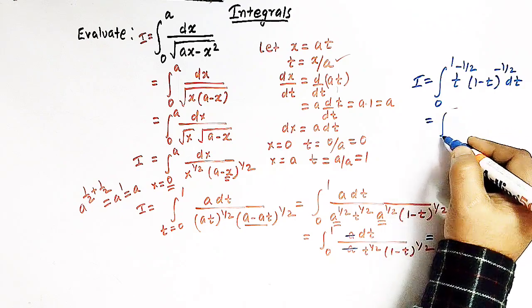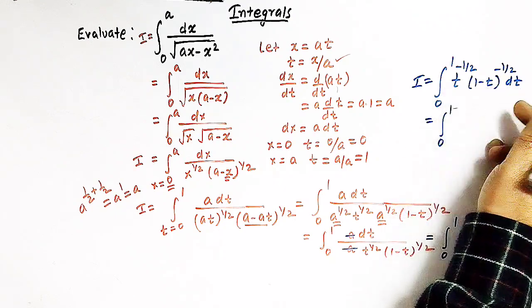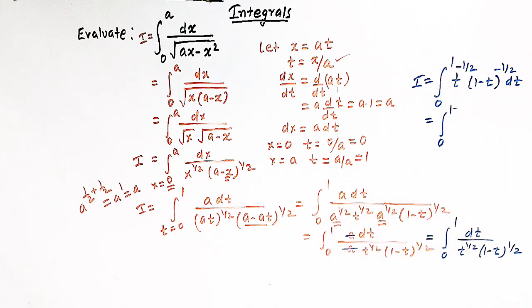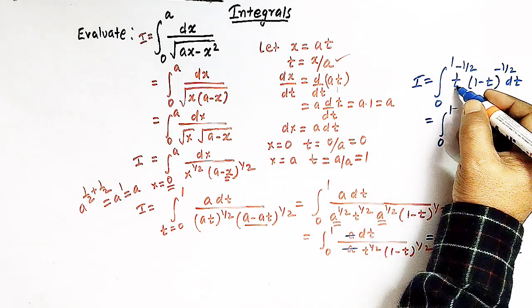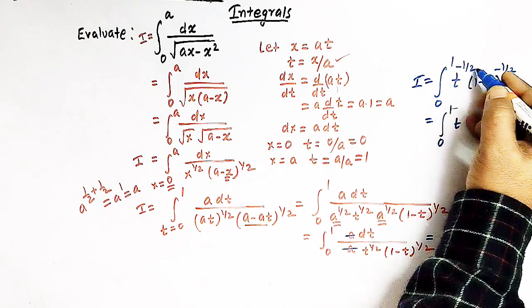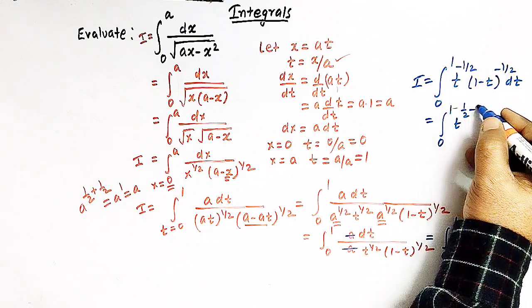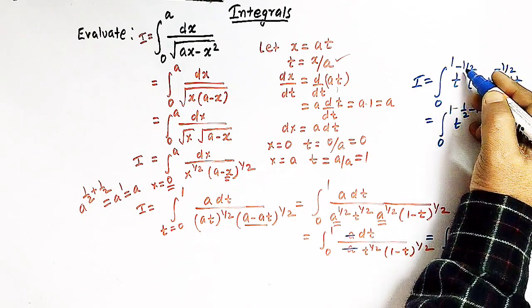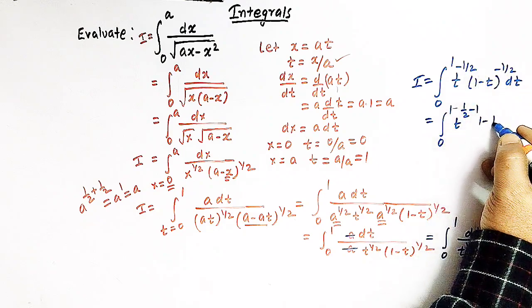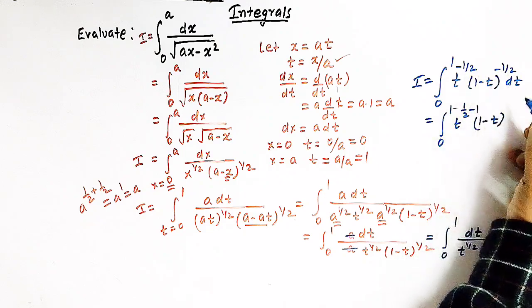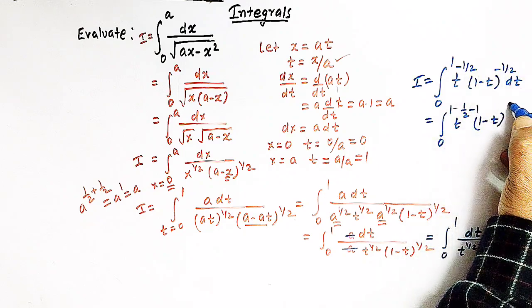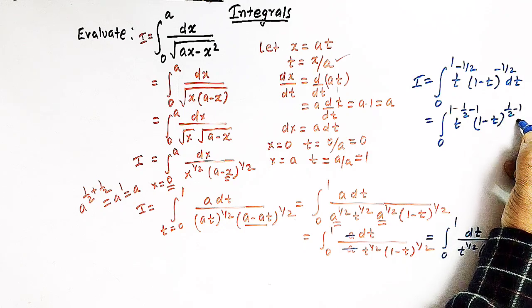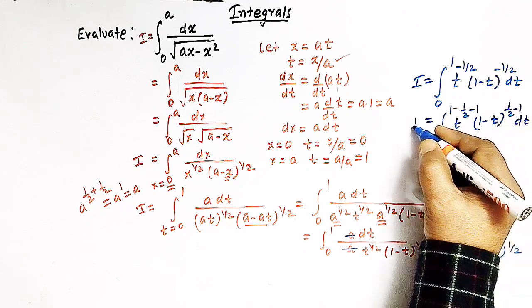Now let us convert this integral into the beta function, which is also known as Euler's integral of first kind. So we can now write t raised to minus half as half minus 1, because half minus 1 is minus half. And here also we can write minus half as half minus 1, and here we have dt.